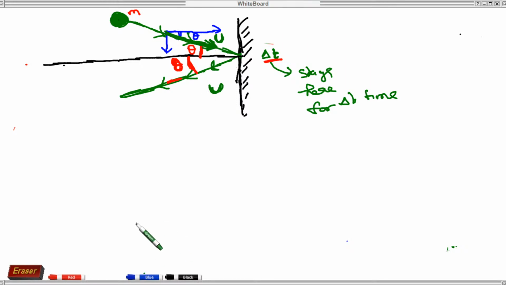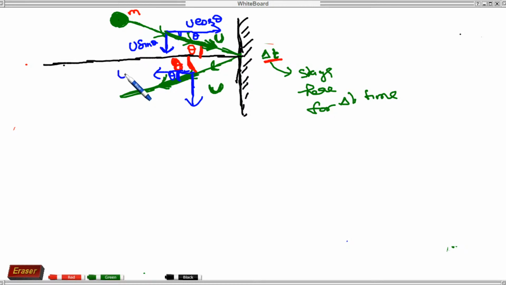So what would be the component in this direction? That would be u cos theta. And what would be in this direction? That would be u sin theta. Here also let's take out the components. This angle is theta, so this will be u cos theta.